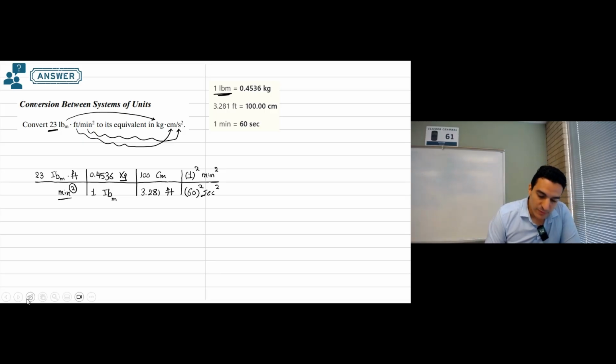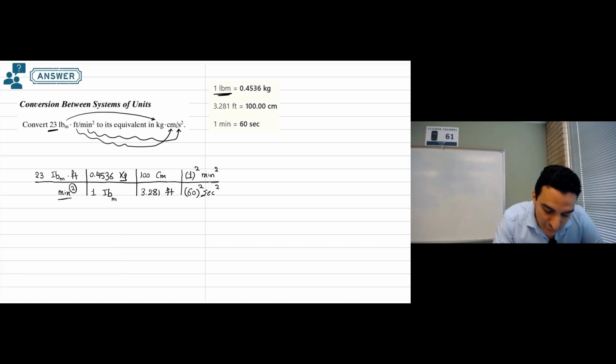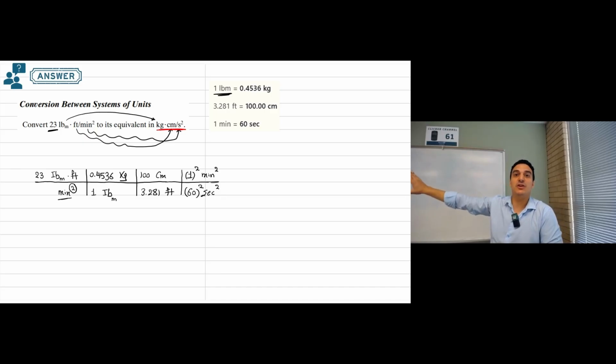Okay. So now, how do I make sure that the number that I will calculate at the end will have the required units? Basically, see any unit in the upper side and any unit in the downside, any unit that is repeated cancels. So here I have pound mass, and here I have pound mass, so these are cancelled.